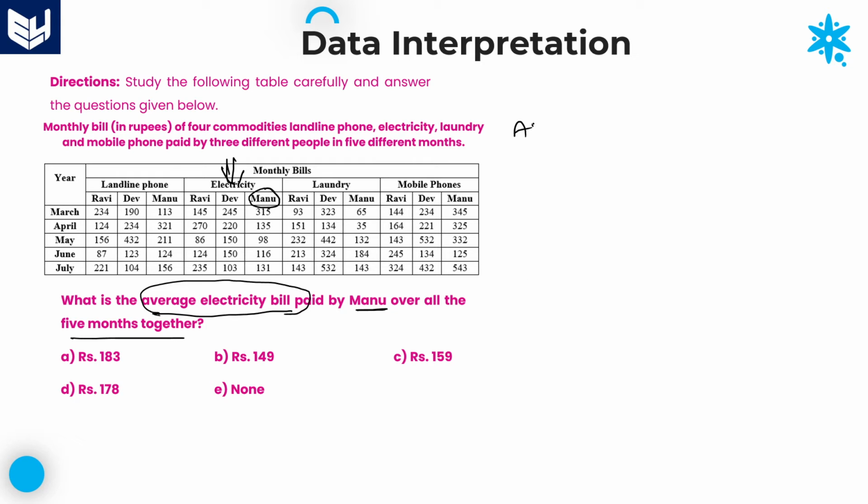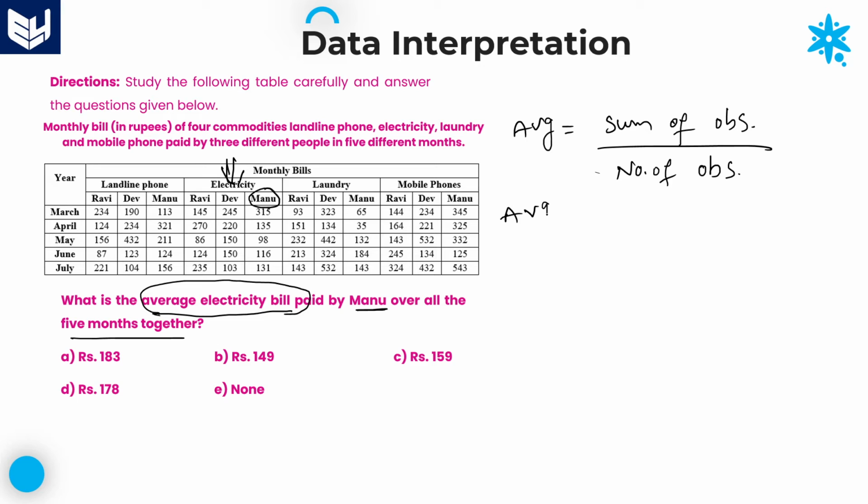Whenever you are calculating average, keep one point in mind: average is nothing but the sum of observations divided by the number of observations.